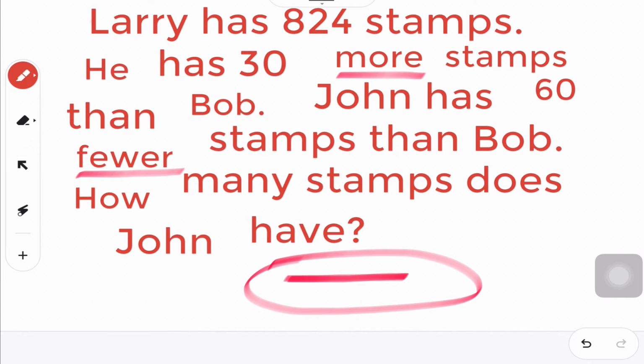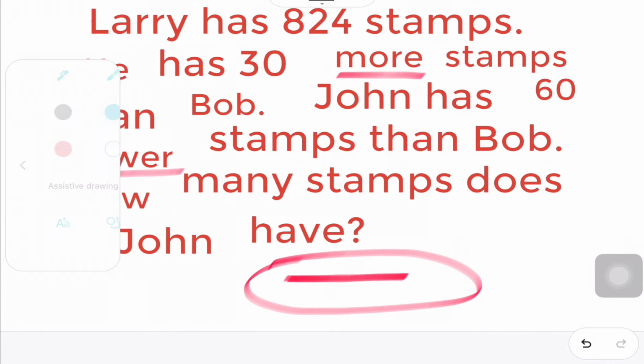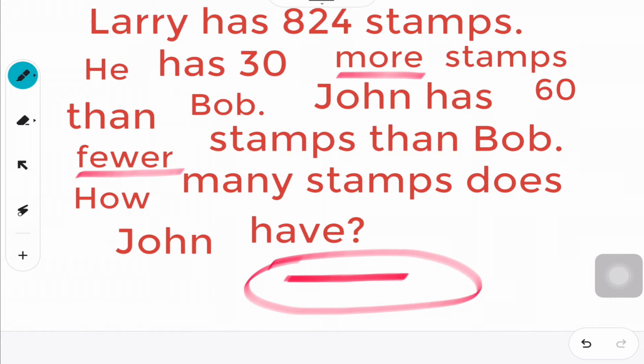And now let's first look into the problem. Larry has 824 stamps. So I want you to first highlight the important words in this, that is 824 stamps. Then he has 30 more stamps, and whom are we comparing him to?